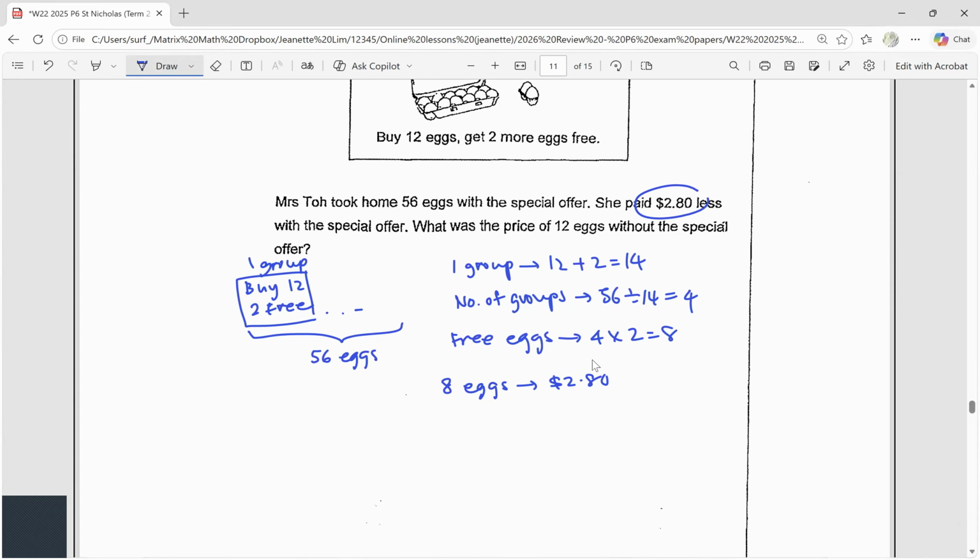So we can find one egg first. Up to you. Okay, let's find one egg.